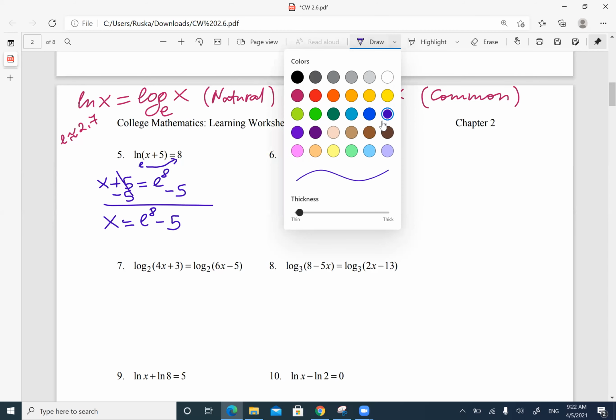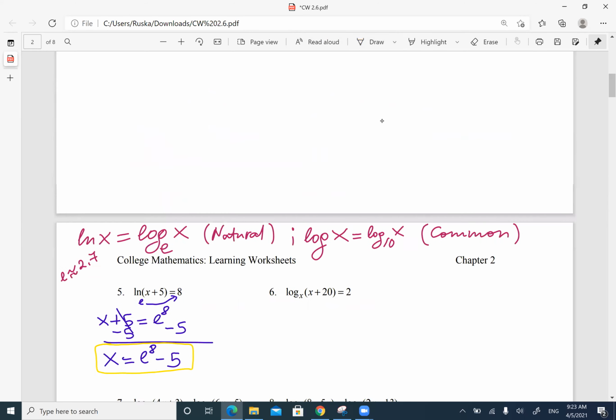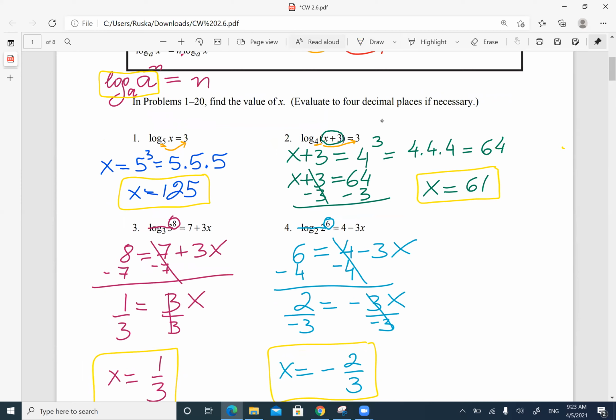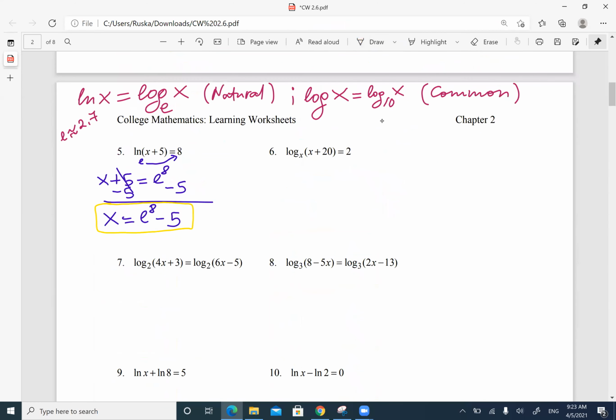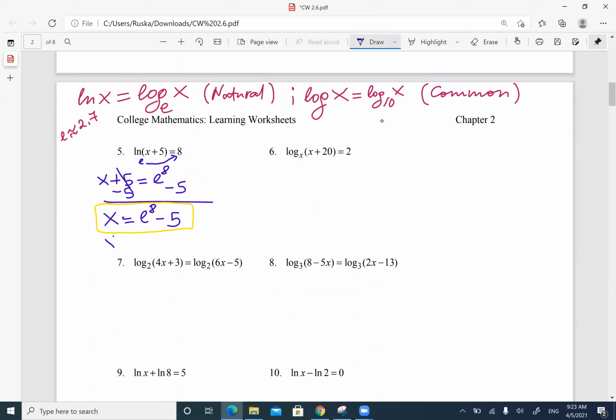And this is how you can leave the answer in exact form, if they want you to leave it in exact form. If it says round, that's exactly what it says here, right? If you go back, it says evaluate to 4 decimal places. So this one, we're going to put it in the calculator and we're going to evaluate it to 4 decimal places. So I'm going to get another answer, which is x equals, it depends how they want it. We're going to round it.